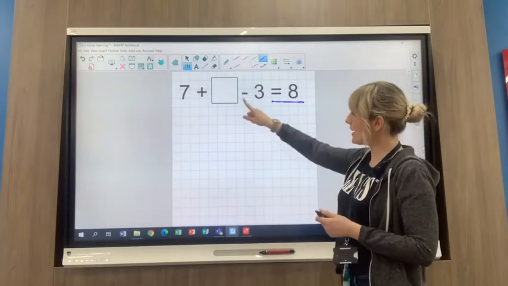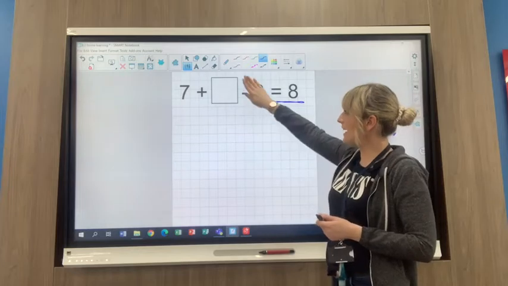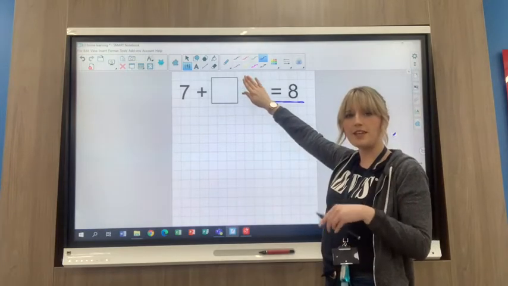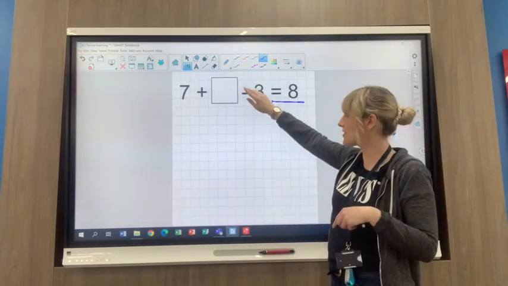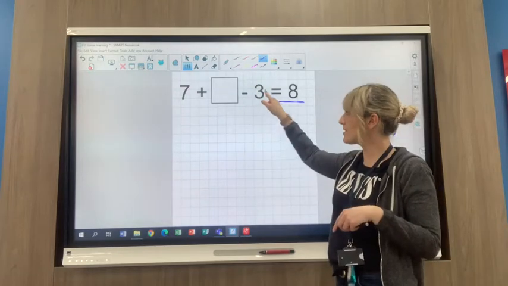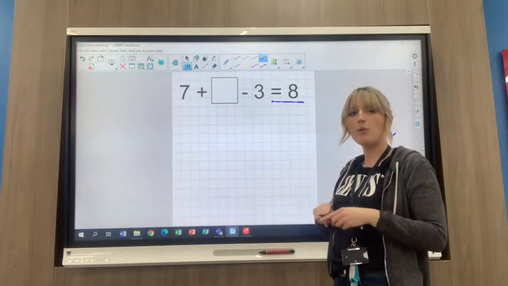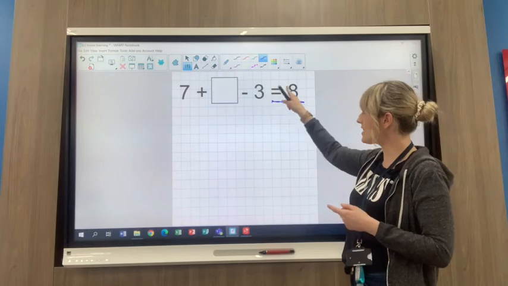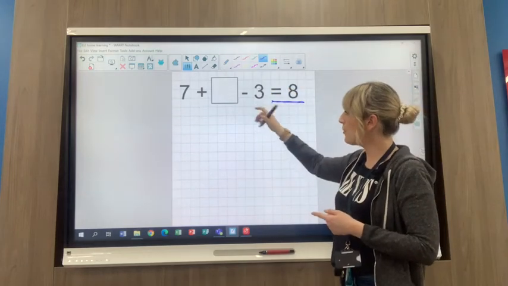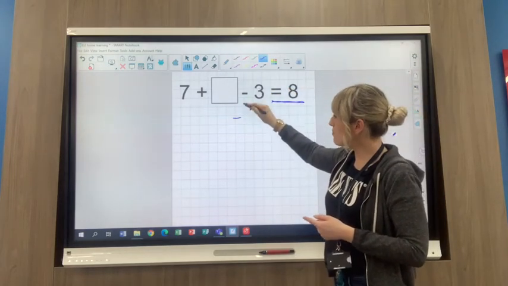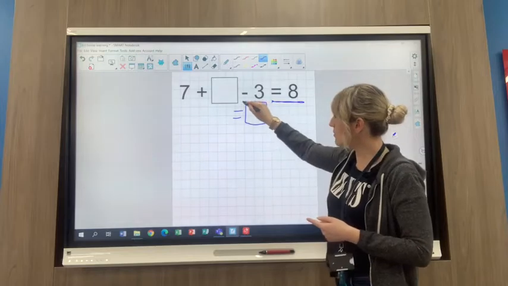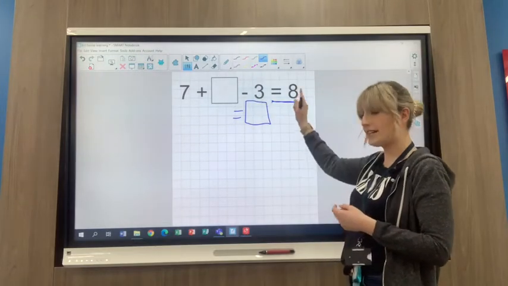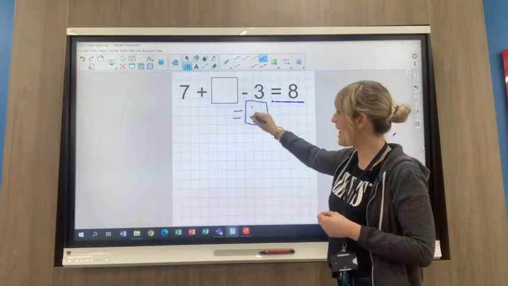To work out that missing number, I need to pretend that we didn't take away 3, and I need to reverse that. The last thing we did was take away 3, so what we need to do is add 3 to the answer, so we know what the answer would be had we not taken away 3. So 8 add 3 is 11.